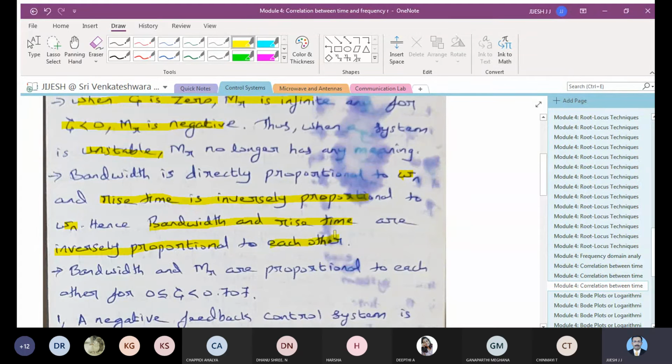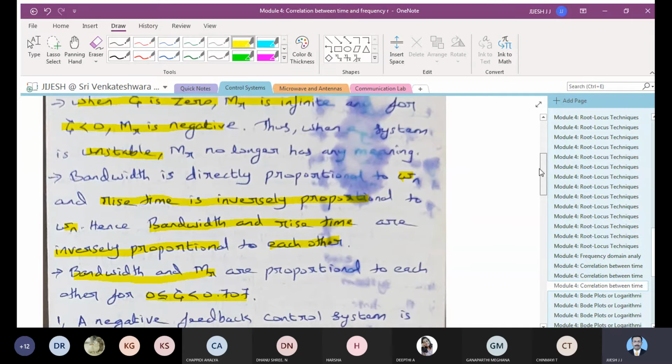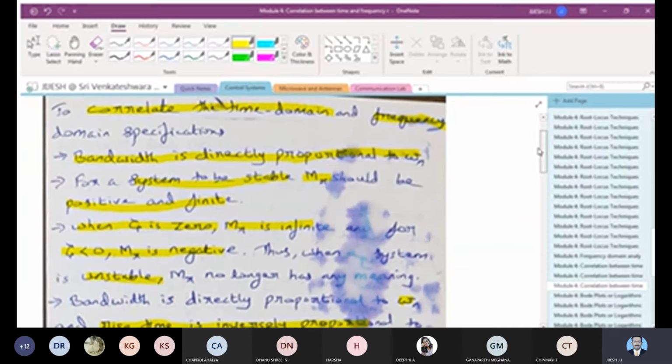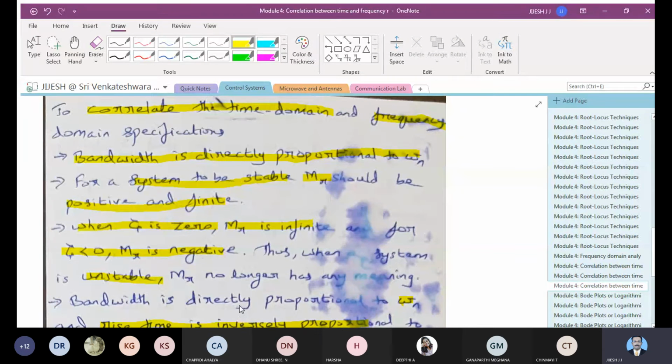As well, one more thing you can understand in the correlation is that bandwidth and MR are proportional to each other for the condition where zeta is between 0 and 0.707. So you can make a note of these points. I'll just wait for a minute and then we'll continue further.